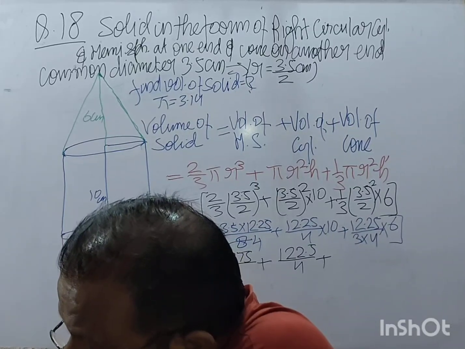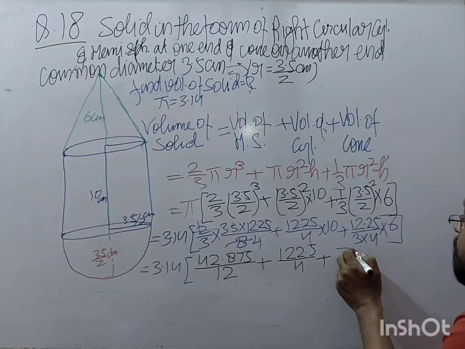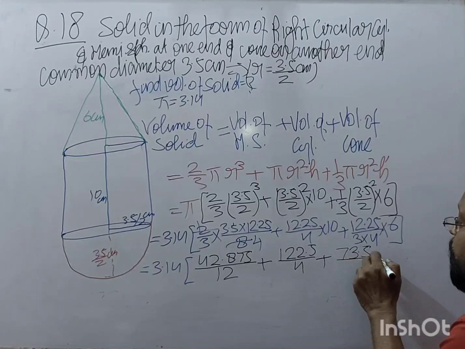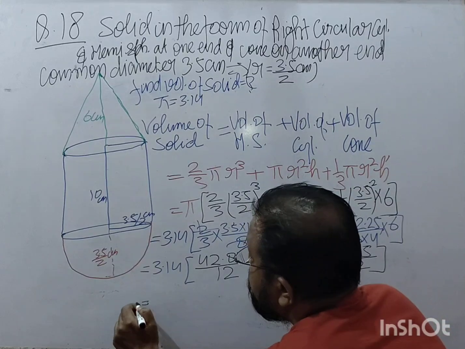This is 6, no? 73.5 upon 12. You get it?